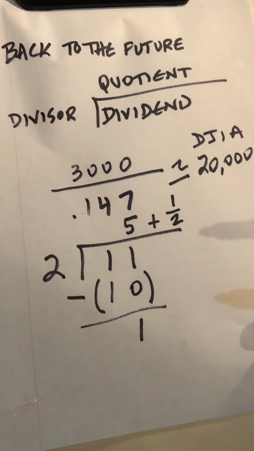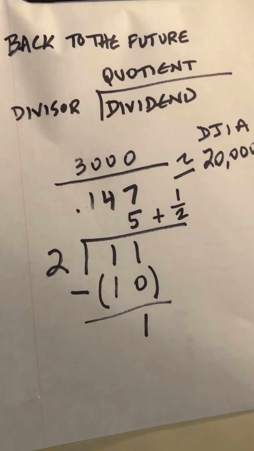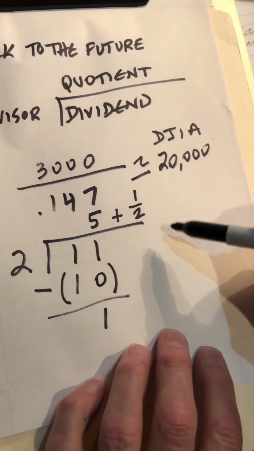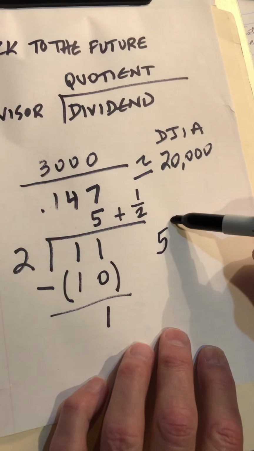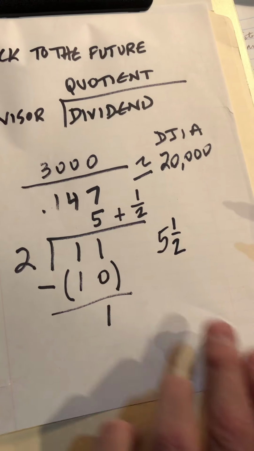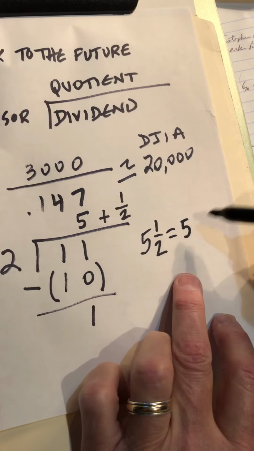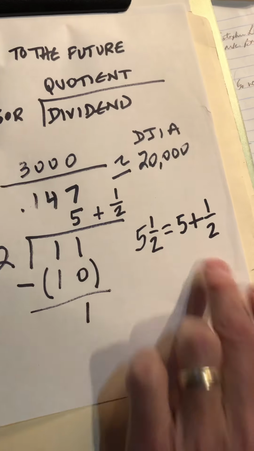It almost went to 6, but it only went halfway to 6. So it's 5.5. Now, when we write this just numerically, we would write 5.5 like that. And isn't that how we say that? Don't we say 5.5? Do you recognize that that equals 5 and a half? Those are the same thing, aren't they?